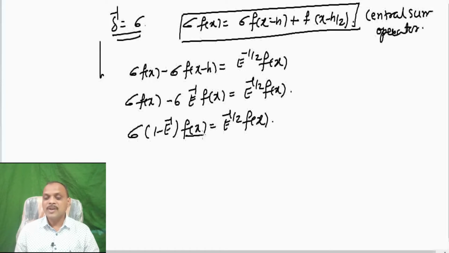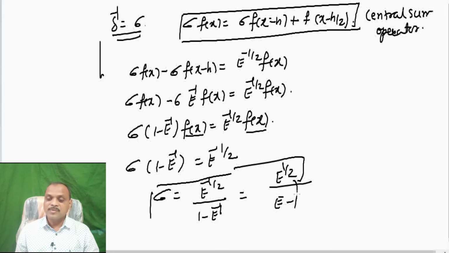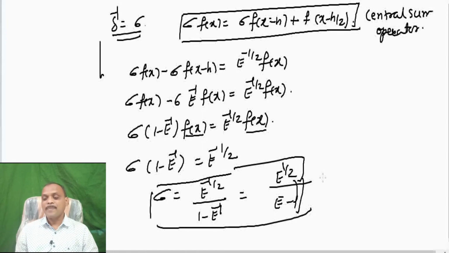So from this we get the operator relation sigma into 1 minus e raised to minus 1 equal to e raised to minus 1 by 2, or sigma equal to e raised to minus 1 by 2 divided by 1 minus e raised to minus 1. So this gives us sigma equal to e raised to 1 by 2 divided by e minus 1, and this is the relation between the shift operator and the central sum operator sigma.